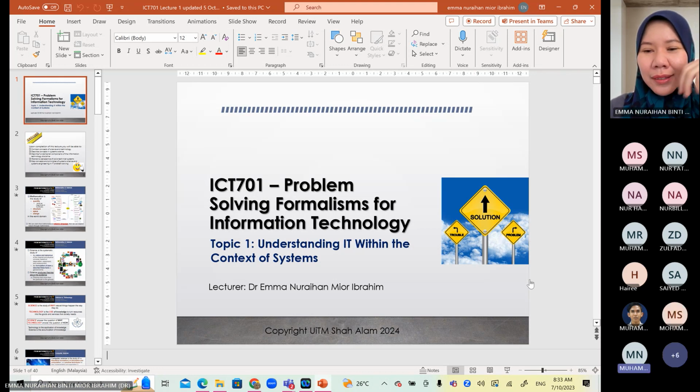Problem solving is finding a solution for the problem itself. Okay, finding the solution. Give me one example of a scenario based on your working experience. What are the problems and what are the approaches or strategies or what kind of tools that you are using?